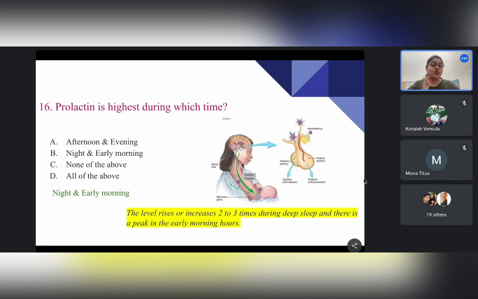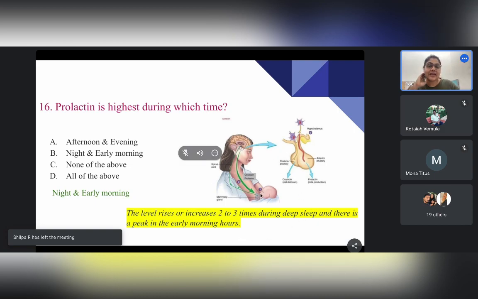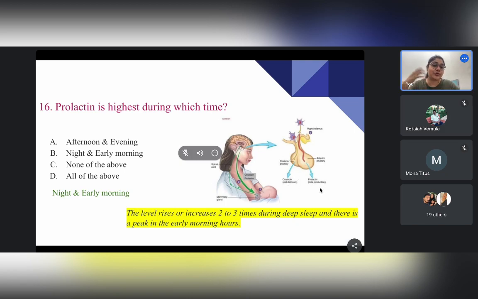These two hormones, prolactin and oxytocin, are very important when we are considering the production of milk and also the supply of milk, right? Here we have oxytocin, which is the milk letdown reflex, and prolactin, which is basically helping in the formation of the milk.